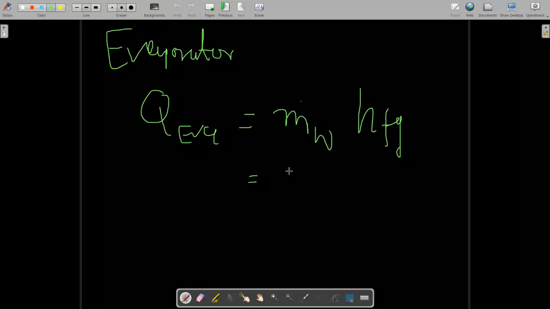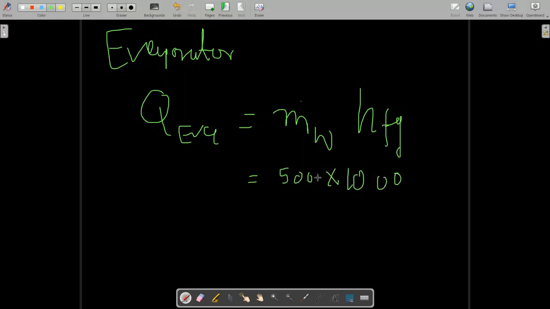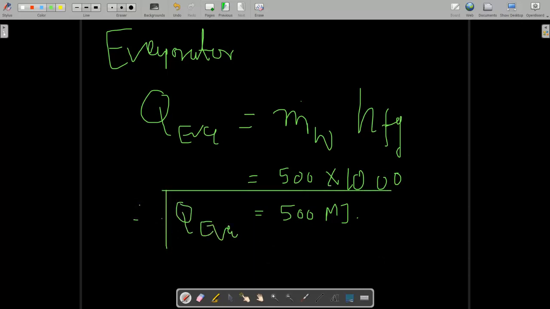Mass of water is 500 kg per second. When you convert this, you will get 500 megajoule. So this much heat is added. So Q in the evaporator section is also found.